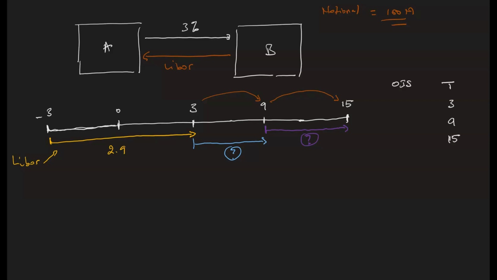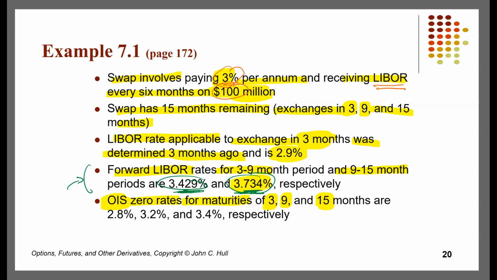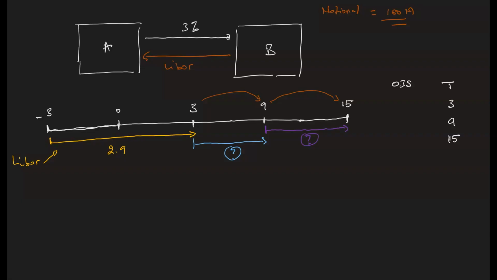For the maturity of 3 months, we are told that the OIS rate is 2.8%, and then we have 3.2% and 3.4%. So 2.8, 3.2, and 3.4%.